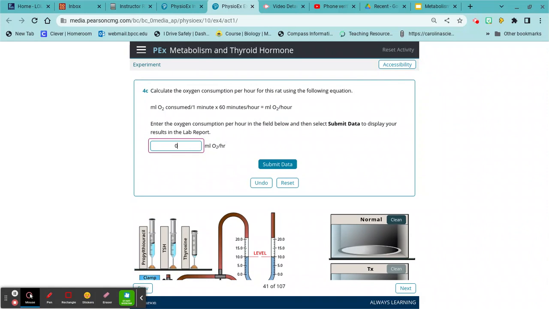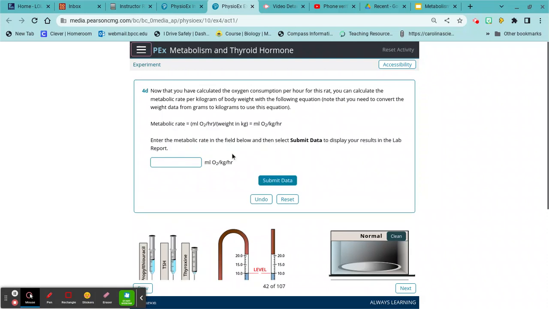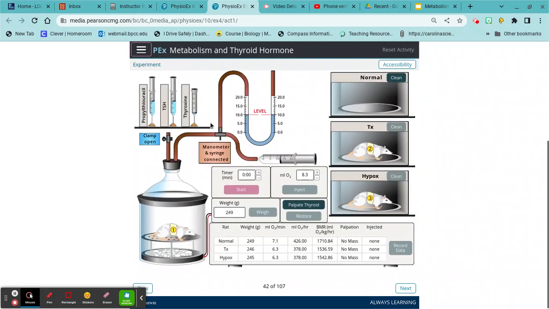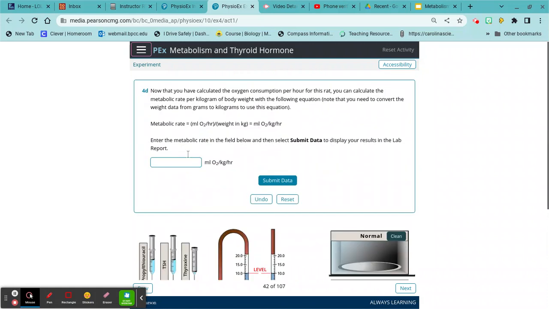This value is 0.138333, and so forth. And then I take that value and divide it by the weight in kilograms, which was 0.249 for the normal rat.